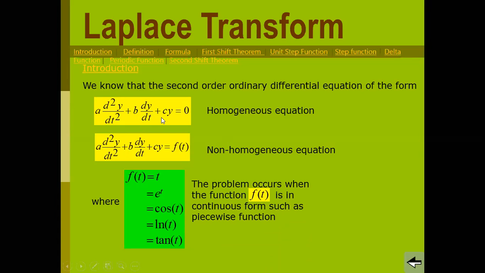A, B and C are still coefficients, not functions. If they are functions, remember, we need to use a series solution for a differential equation, the chapter before this that I taught. If the coefficients for the d squared y dt squared, dy dt are not coefficients but functions, then we need to use the series from the previous chapter.